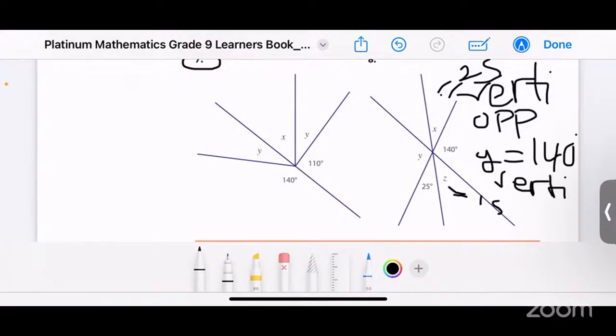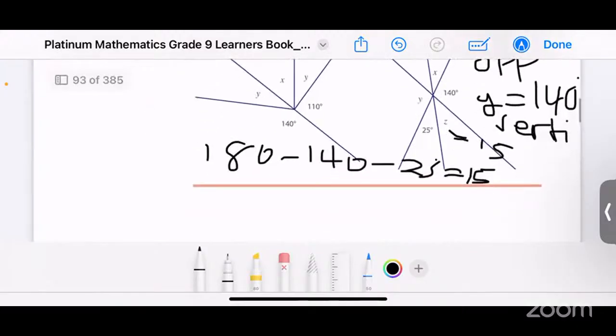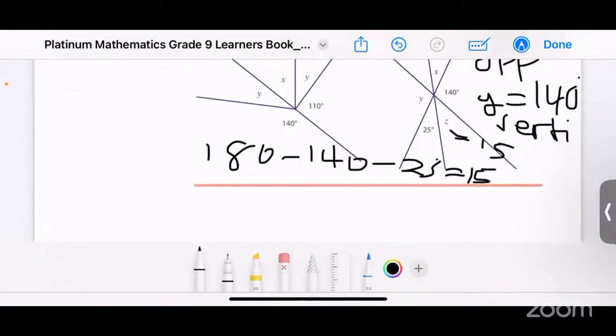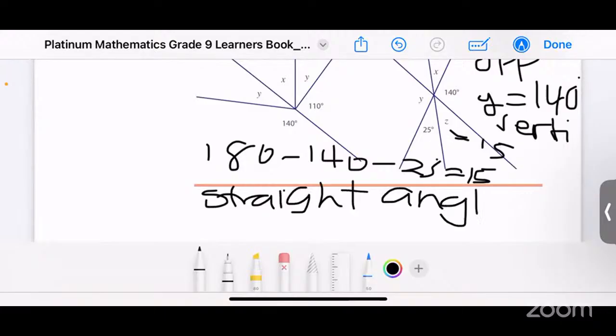So Z, we are now saying 180 minus 140 minus 25, which gives us 15. We satisfy the condition of what? Of a straight angle. Ne? So that we can get the value of Z.